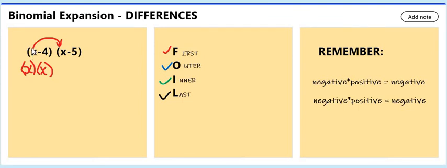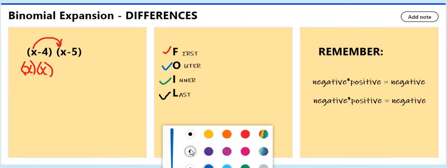This x is on the outside. This 5 is on the outside. However, as we can see, this 5 has a minus sign in front of it. We can consider it as negative because it has a minus sign in front of it.